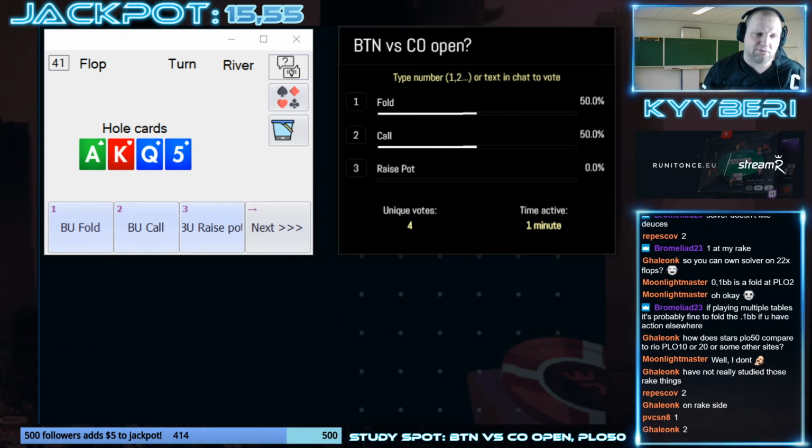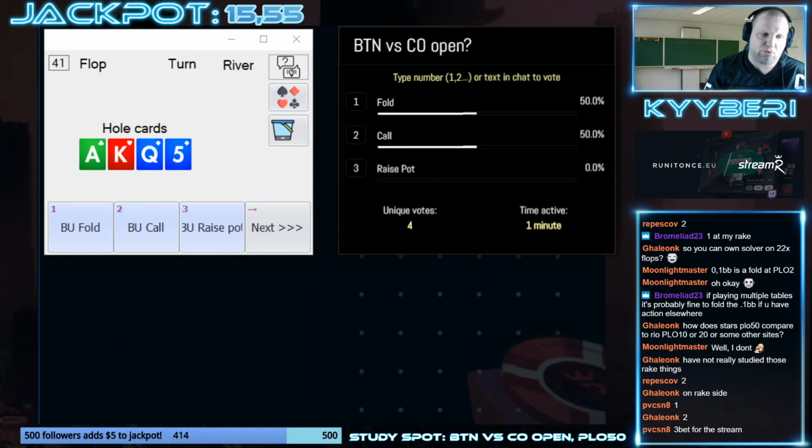And because they don't give rakeback, I think the best regs are not playing there. But the more you go up in stakes, the less it affects that PokerStars doesn't give rakeback. But on PLO50, let's say you play every day, the difference between PokerStars and, let's say, Party Poker or Run It Once is probably over €1,000 a month in terms of rakeback.